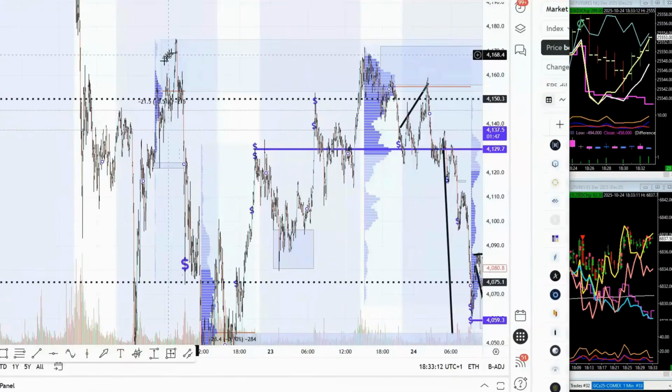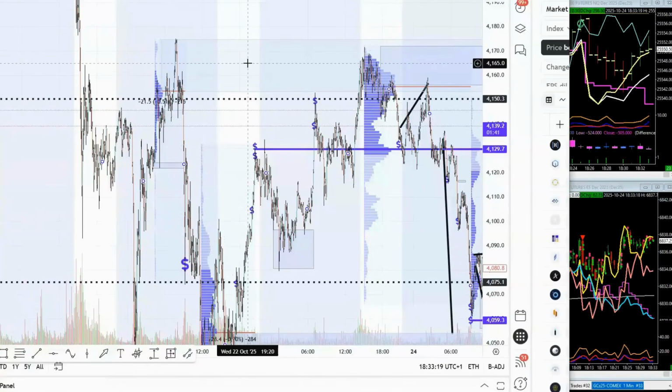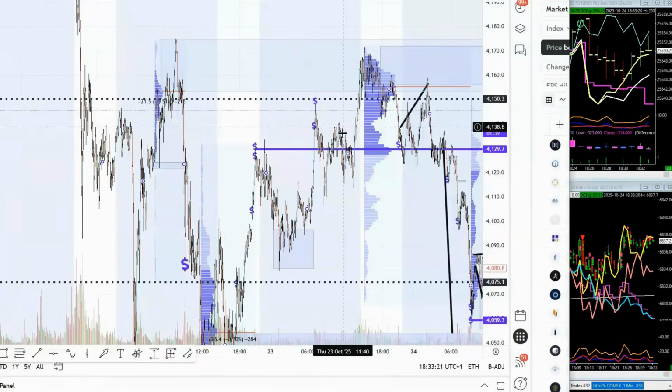So they've come from an accumulation short into a distribution. So this was a big commercial short, agreed? So when we come into this area, there's a chance that there's going to be another big commercial short coming from here, correct? A chance that there's going to be another big commercial short.